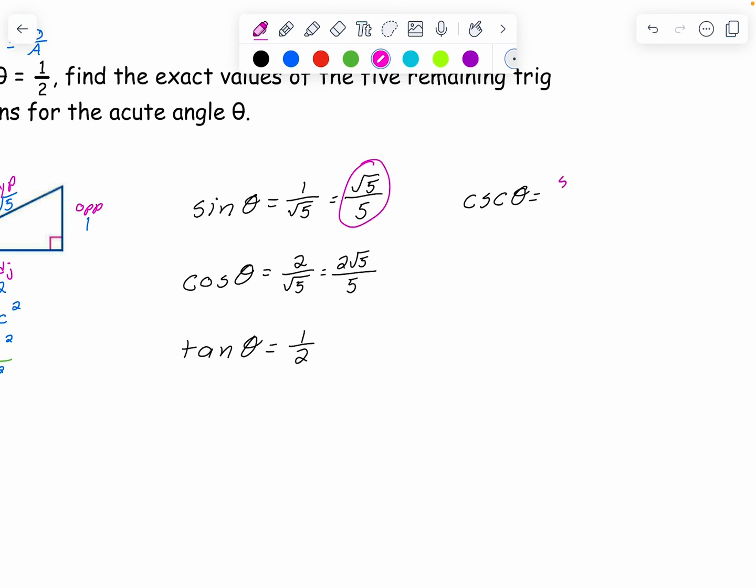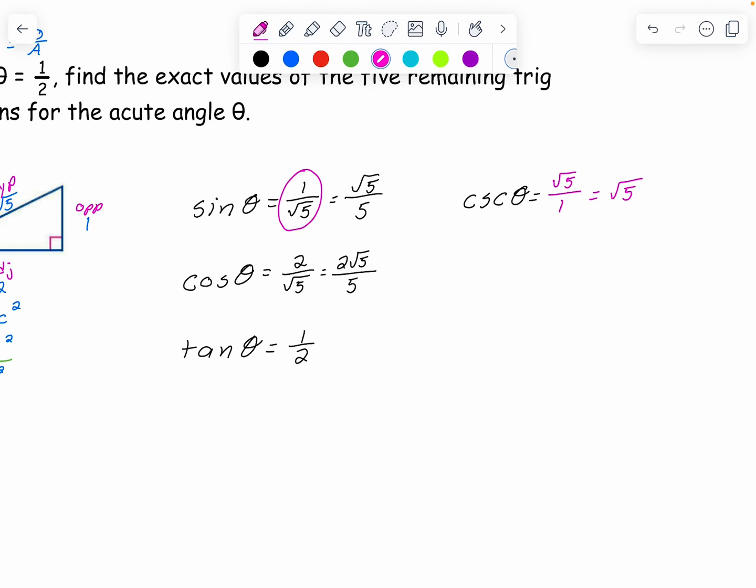If I were to flip this fraction, then I would get 5 over square root of 5, which means I would have to rationalize, and then I would end up having to simplify. However, if I go back and I flip the answer before I rationalized, that will save me some work. If I flip that one, then I get the square root of 5 on the top, 1 on the bottom, and that doesn't have to be rationalized now. I can just write it as the square root of 5.